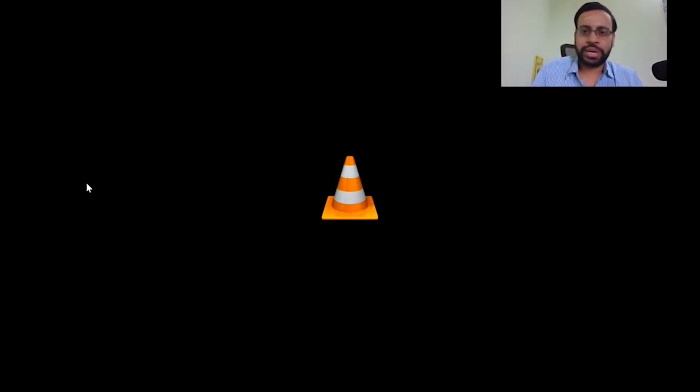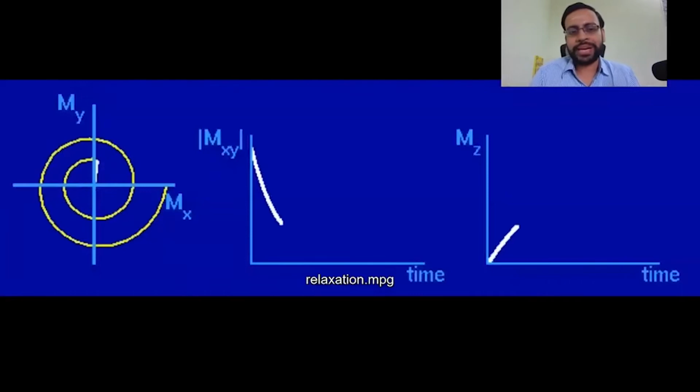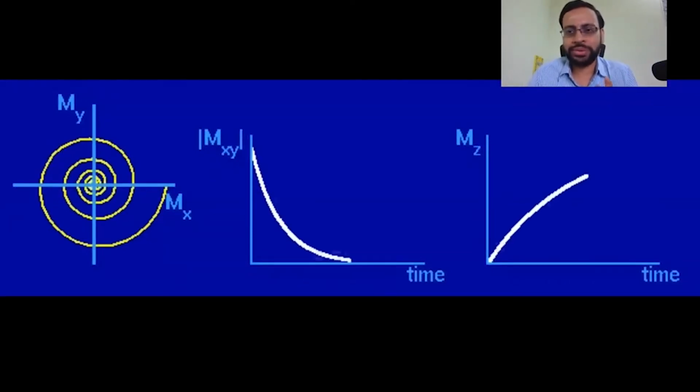That's the first two illustrations, and this is an illustration of how T1 and T2 vary, their magnitudes vary, and on the other hand, how Mx and My also keep changing. So with that, I would now come to perhaps the final part of what we are going to discuss in MR imaging. That's about slice selection.